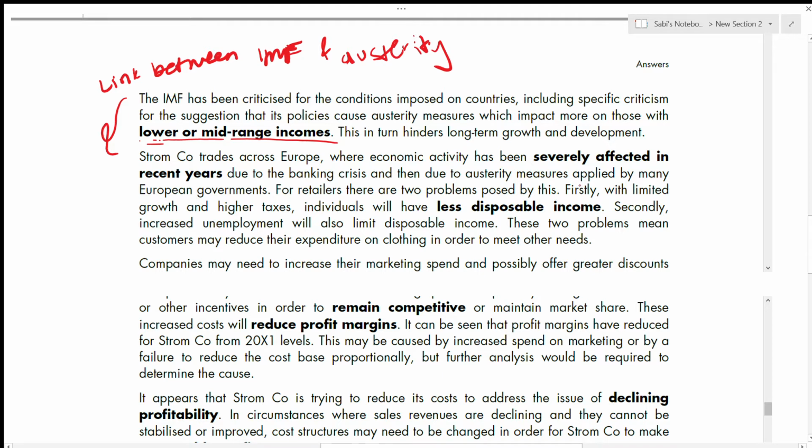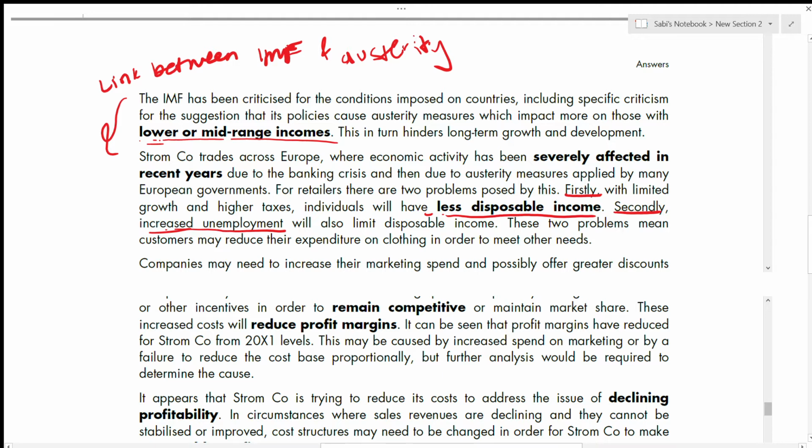Firstly, with limited growth and higher taxes, individuals will have less disposable income. So this is the first issue, right? Firstly, less disposable income. Why? Because of higher tax and limited growth. Second, increased unemployment will also limit disposable income.